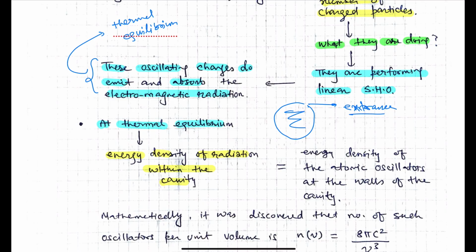This is the basic nature of the interaction of radiation and matter: whenever radiation strikes a surface, it is either absorbed or reflected. So the energy density of radiation within the cavity is equal to the energy density of the atomic oscillators at the walls of the cavity.